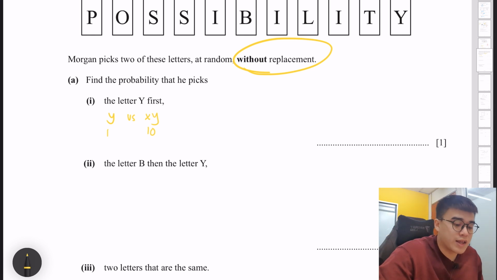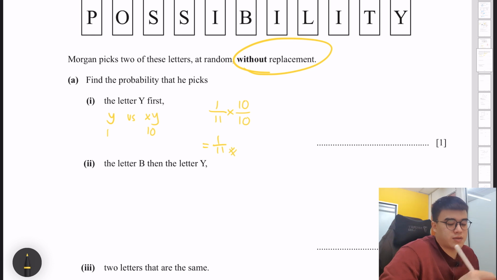Total cards will be 11. So letter Y means 1 over 11 multiplied by 10 over 10. So this will be 1 over 11 as the final answer.